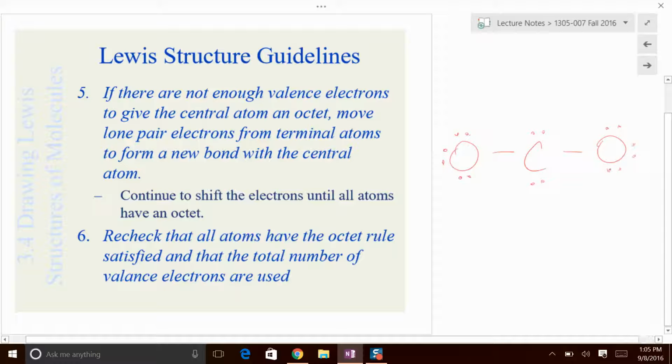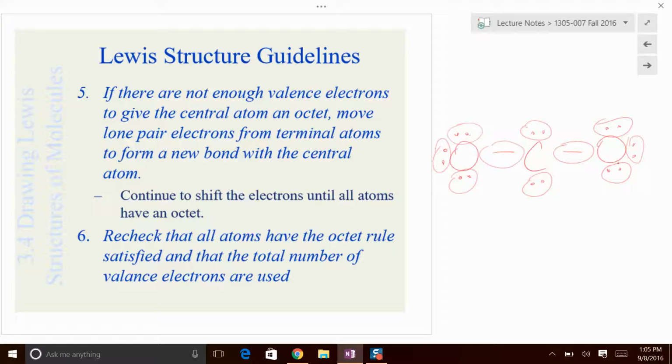Now, if I count the number of electrons in this structure, there are 2, 4, 6, 8, 10, 12, 14, 16, 18, 20. There are 20 electrons in this structure. That's too many, right?